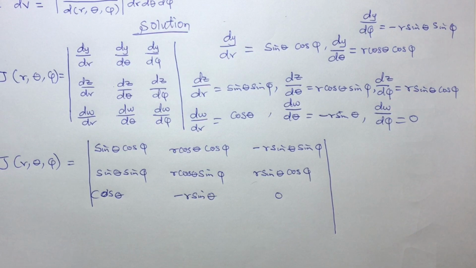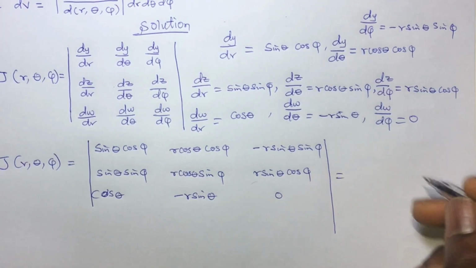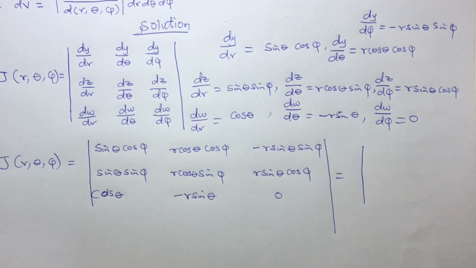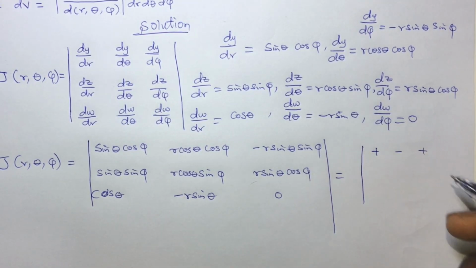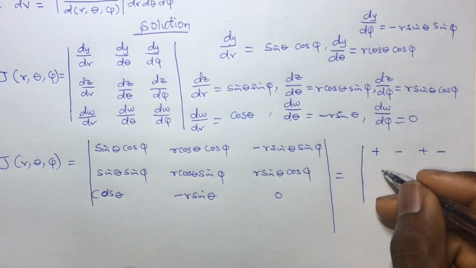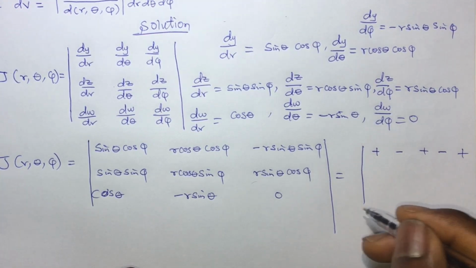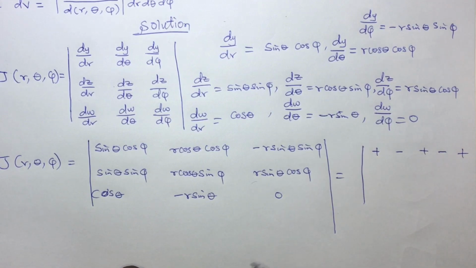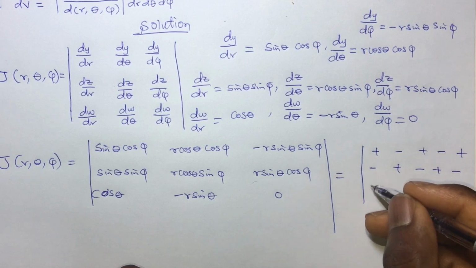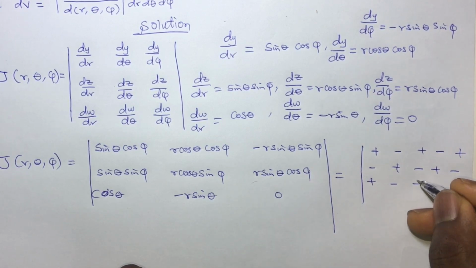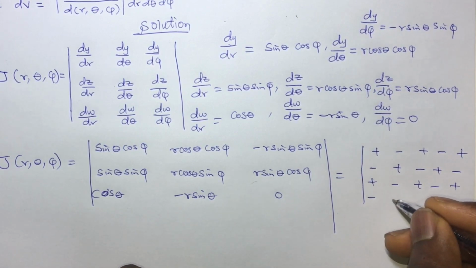Now the next thing to do is to look for the determinant of this particular matrix. Now you should know that whenever you're looking for the determinant of a 3 by 3 or any other n by n matrix, we have positive, negative, positive, negative signs alternating.